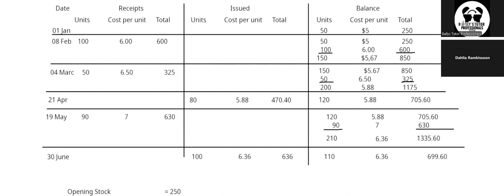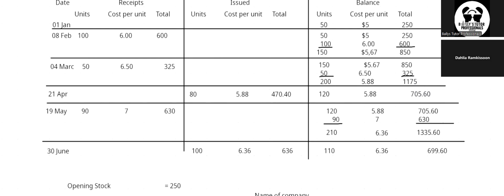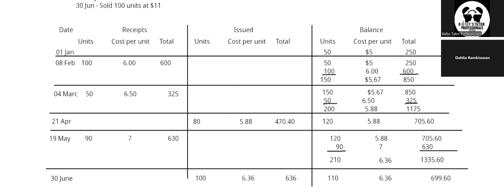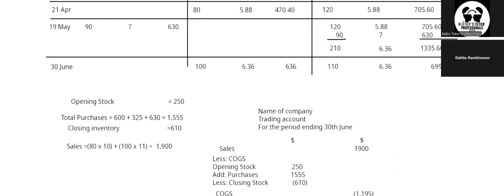So again, you see under average cost, the closing stock is different. We get a different one for each method. But the opening stock remains the same, your total purchases remain the same, your sales remain the same. The only thing changing is your closing stock, because the stock valuation methods are different ways to get a value for your closing stock. So in this situation, my closing stock will be $699.60.